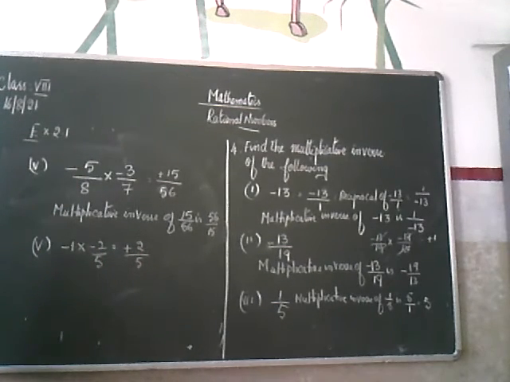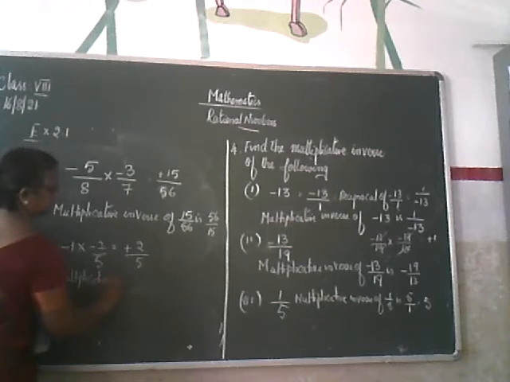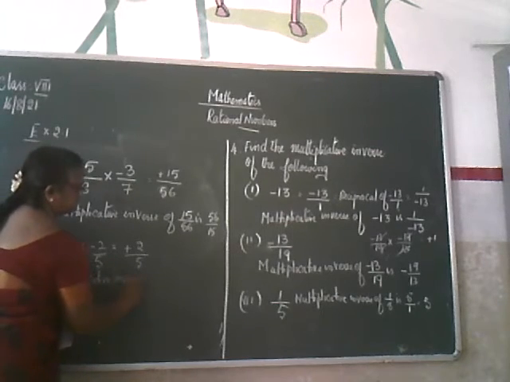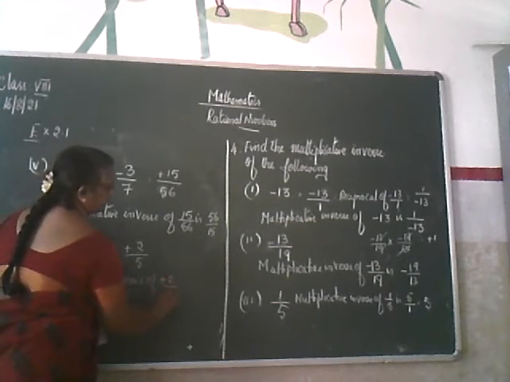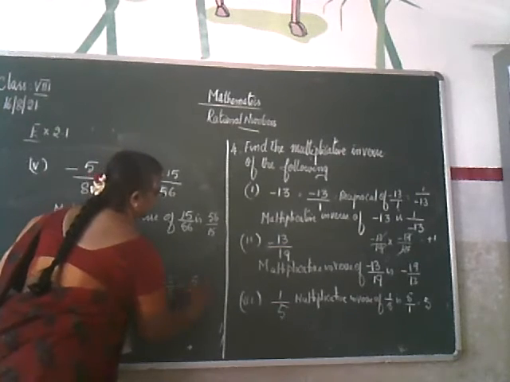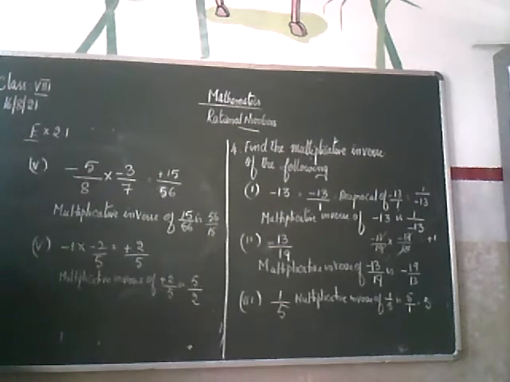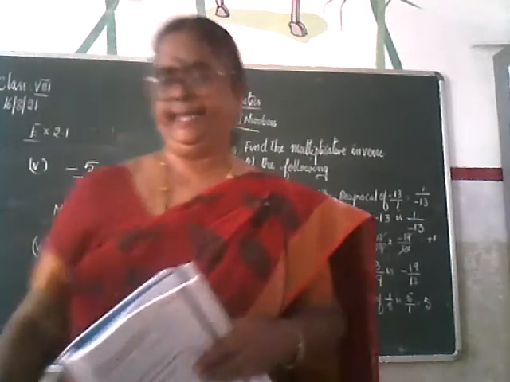Yes, just write the reciprocal of it. So the multiplicative inverse of plus 2 by 5 is 5 by 2. Okay, understood? Yes.